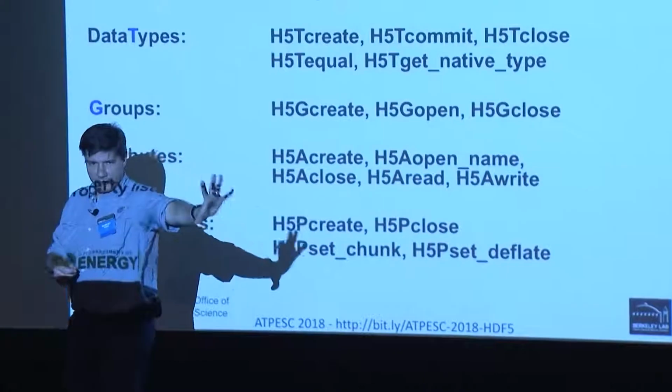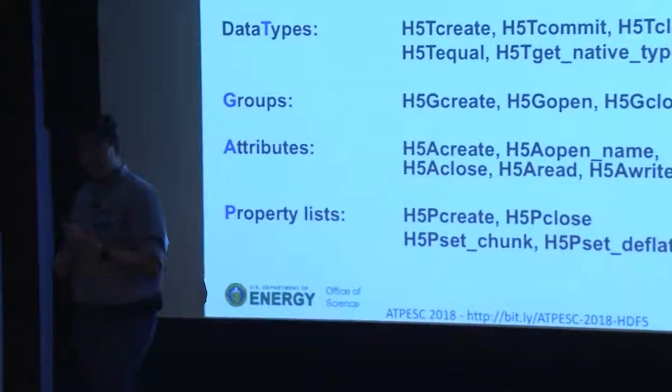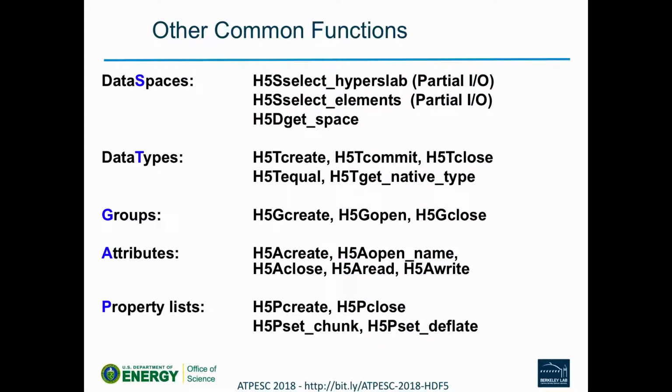It says, whatever this type was originally, give me an equivalent type for this machine, right? Big Endian, little Endian, 32-bit, 64-bit, 16-bit. It gives you the right definition for an array read or whatever you need to do to say, that will be an equivalent form on this machine.